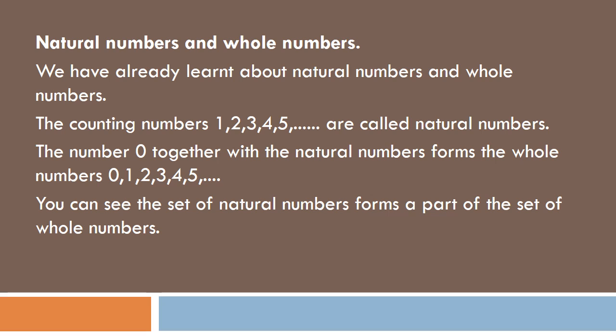The number 0 together with the natural numbers forms the whole numbers like 0, 1, 2, 3, 4, 5 and so on. You can see that the set of natural numbers, represented by N, forms a part of the set of whole numbers represented by W.